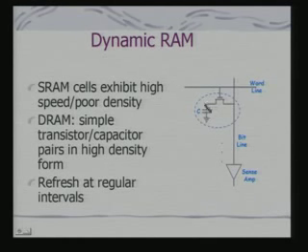In fact, the charge stored in the MOS capacitance would be indicative of the data that is being stored there. So, a simple transistor-capacitor pair, that's what we have shown here, and this is the basic structure of the cell. So, you find that this is much less space consuming.